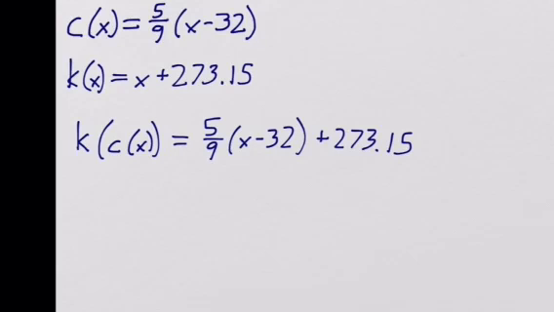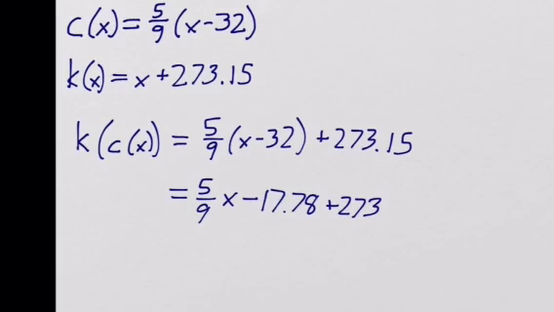And usually we're going to just write this so that it's easier to work with. So I'll go ahead and distribute the 5/9 here, and I'm going to take the liberty to go ahead and go with 5/9 x, but I'm going to calculate 5/9 times 32. Rounding to 2 decimal places, I get 17.78, plus 273.15.